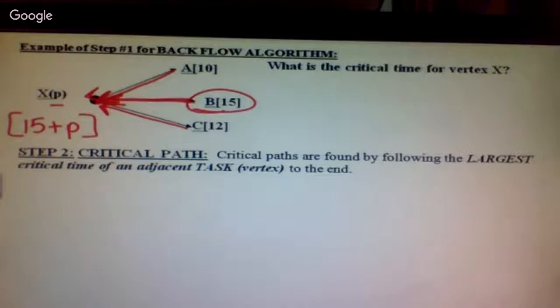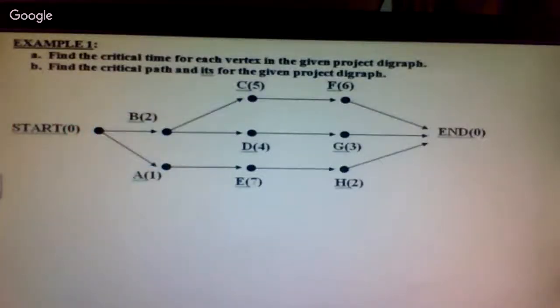Okay, so we're going to do that with all of your graphs. It'll be easier when we do it. Here's example 1. From the end, I can go to F, G, and H. Every point has to have a critical time.